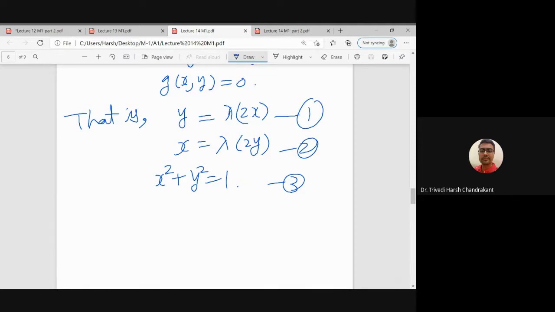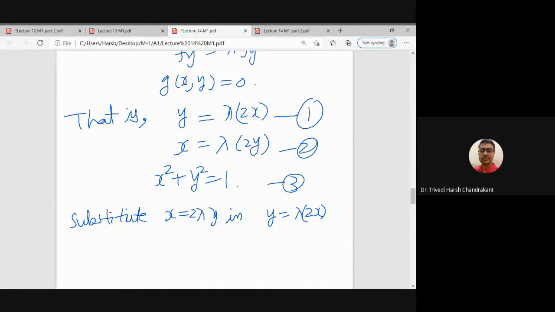Either we can convert in the equation of y or in the equation of x. Right, so let us substitute x equals 2 lambda y in the equation y equals lambda 2x. If we do this, then we get an equation of y only.